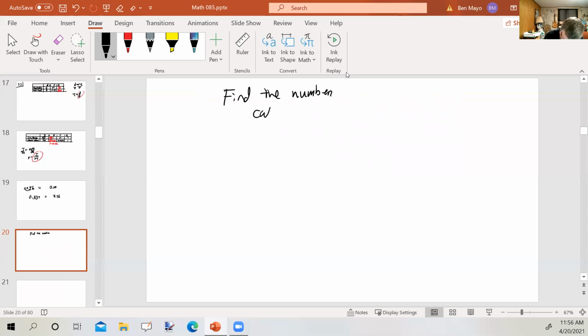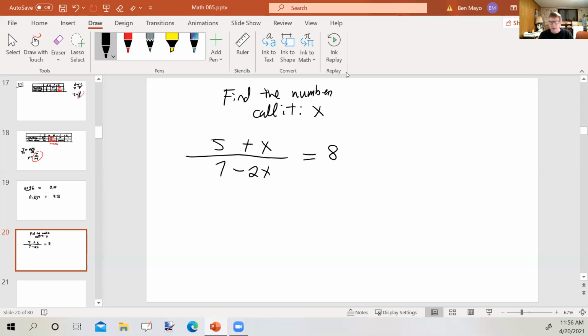I'm going to call it X, okay? If a number is added to the numerator of 5/7, so we have 5/7, and we're going to add X to the numerator, and twice as much is subtracted from the denominator, the result is 8. Do you see how I got that equation?